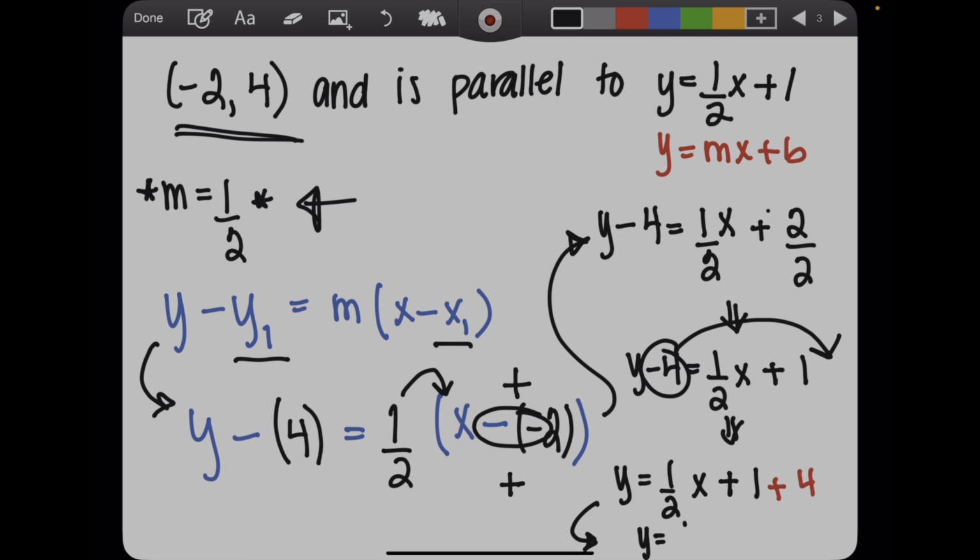And then we would have y equals 1/2 x plus 5. And that would be our final equation. And see how they have the same slope. And that's what we want, because we want a parallel line to this one over here.